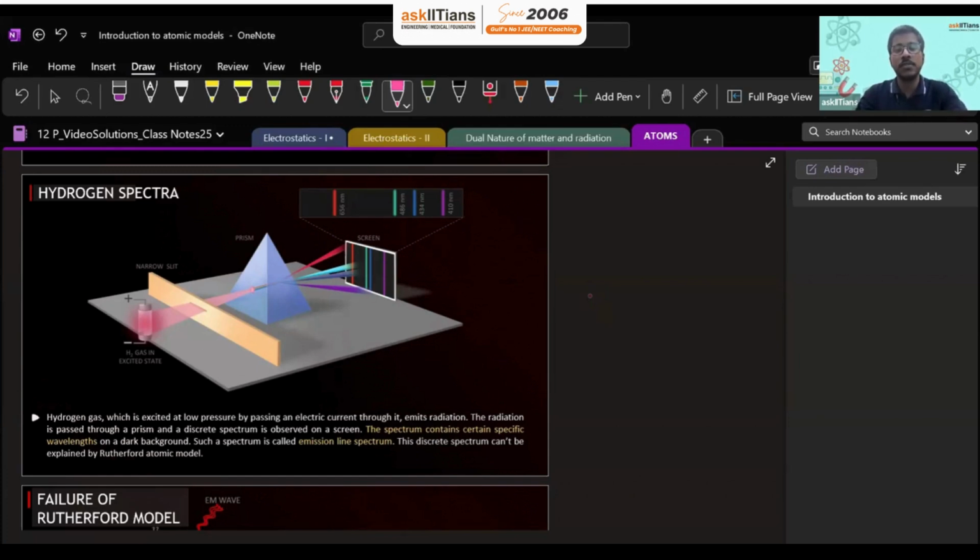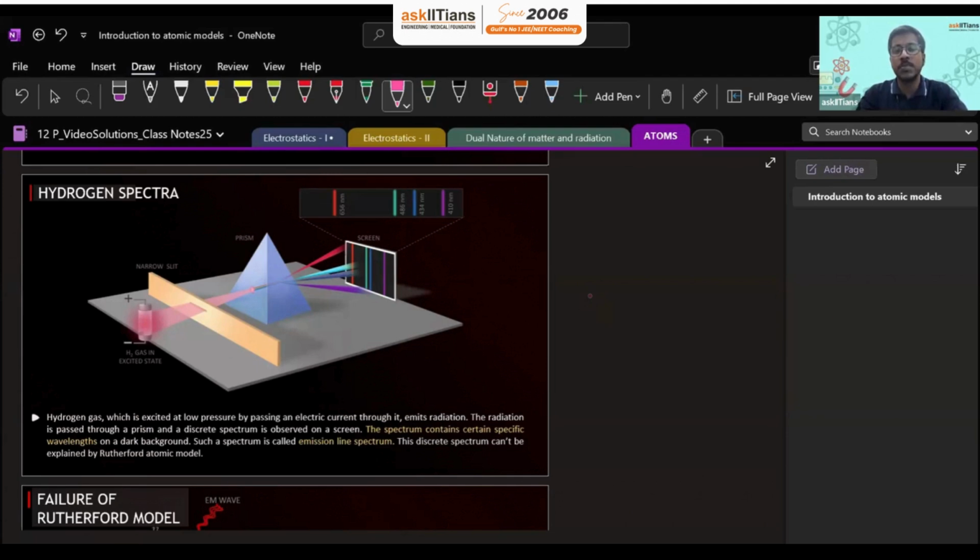What you observe is a spectrum which contains specific wavelengths on a dark background. This spectrum is called the emission spectrum, and it's discrete, meaning it contains only certain values. It's not continuous.